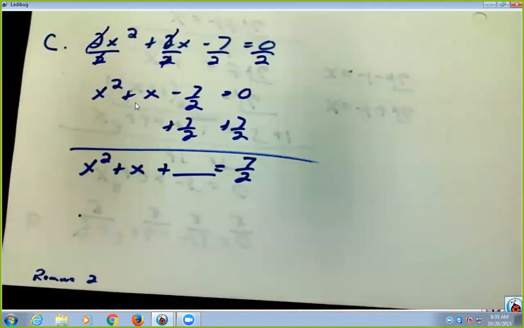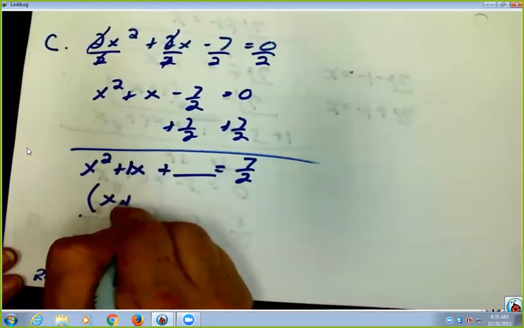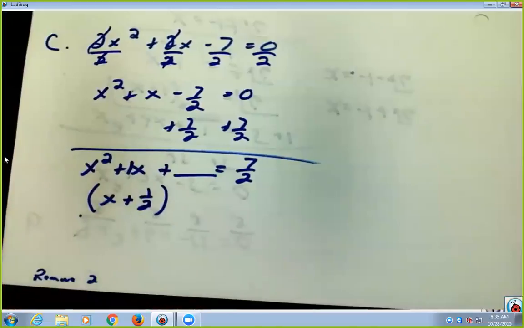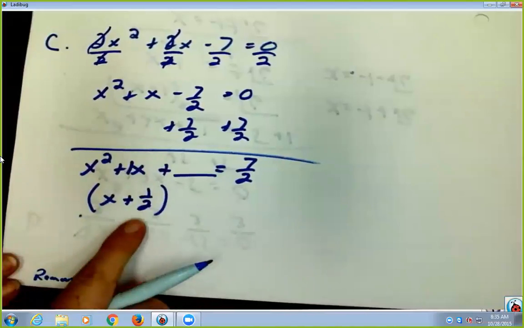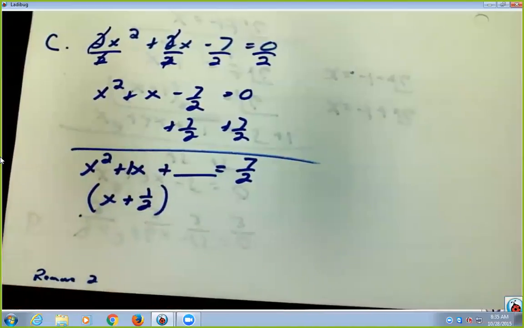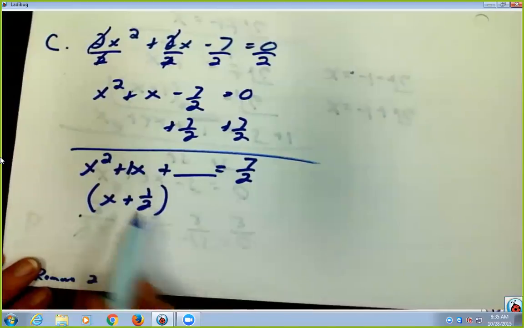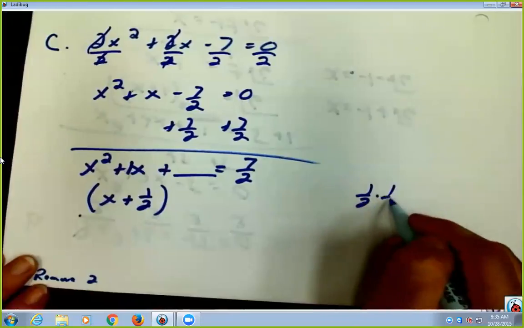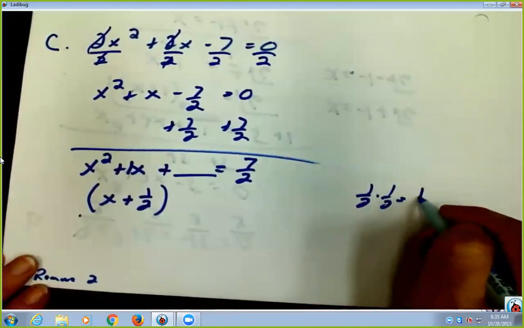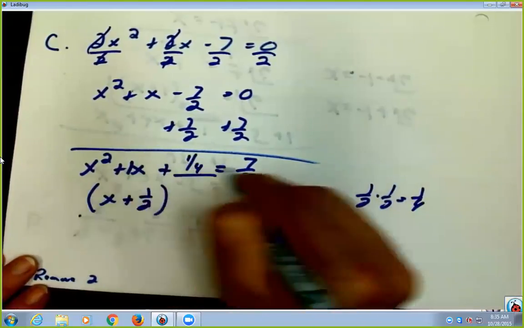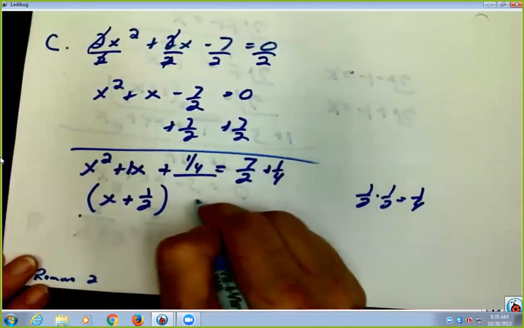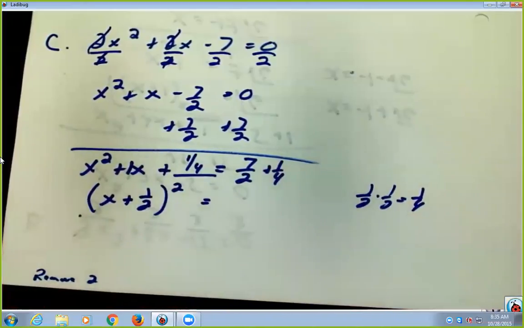Well, there's a 1 there. So what's half of 1? 1/2. Then if I take 1/2 and I square it, what happens? 1/2 times 1/2 is going to equal 1/4. And I'm going to add that to both sides.